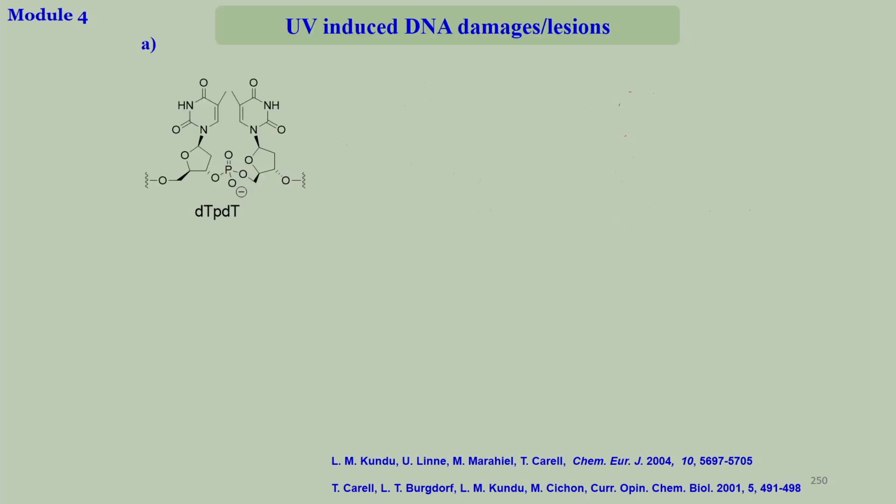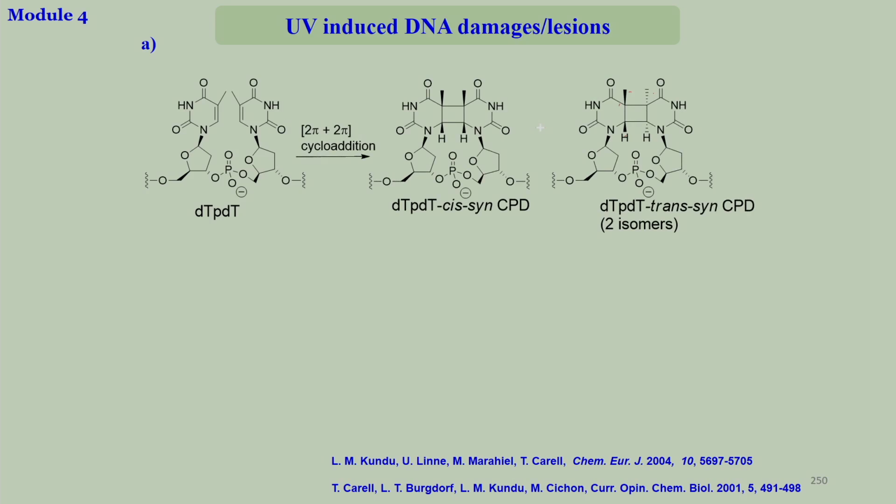Okay. So, this is how the dimers are formed, or how the photochemistry goes on. 2 plus 2 cycloaddition, this is thymine, TpT. I have written D also to specify the deoxyribose. In the 2 plus 2 cycloaddition reaction, it undergoes cis-syn CPD, you can see here, and then trans-syn, it can have 2 isomers.